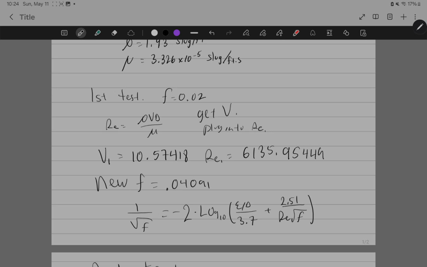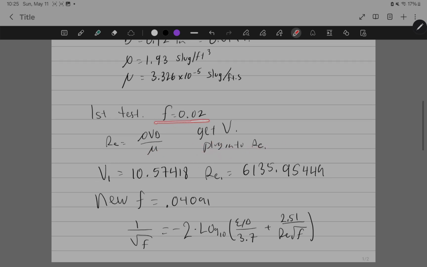And what you can do with this is use a graphing calculator, or for example, Desmos, and iterate the friction factor itself, given the Reynolds number inputted right there. And so the way this works is, for example, we solved for the velocity when testing this random friction factor that we set up.